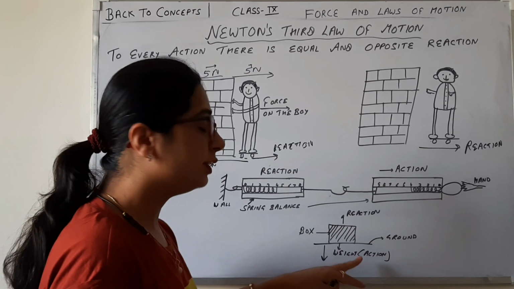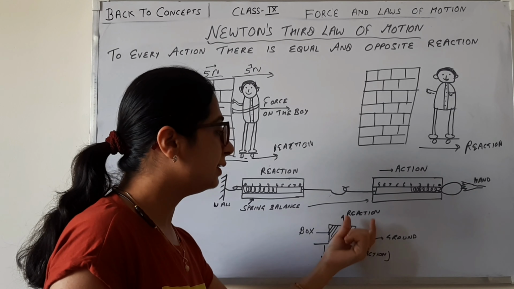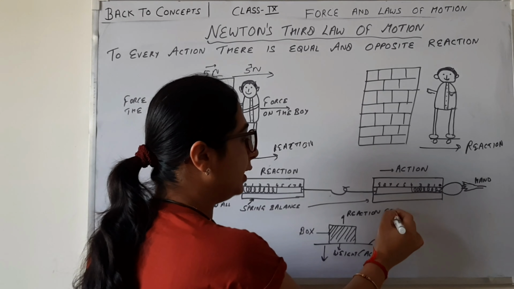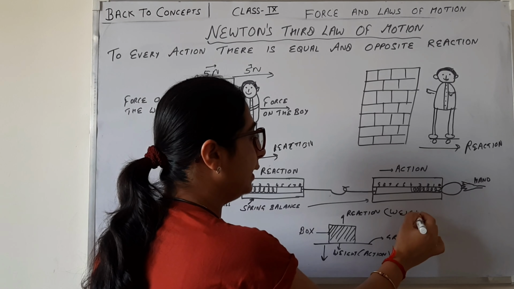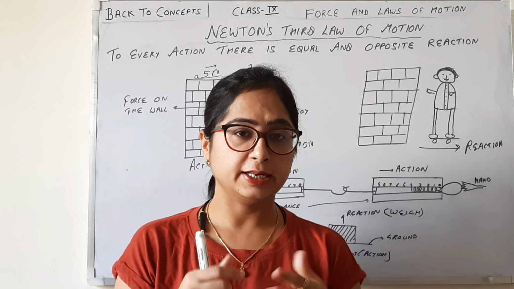For this action there is an equal and opposite reaction, and its direction must be opposite to the action. So this is the reaction, equal to the weight but in the negative direction. So what we conclude is that for every action there is an equal and opposite reaction.